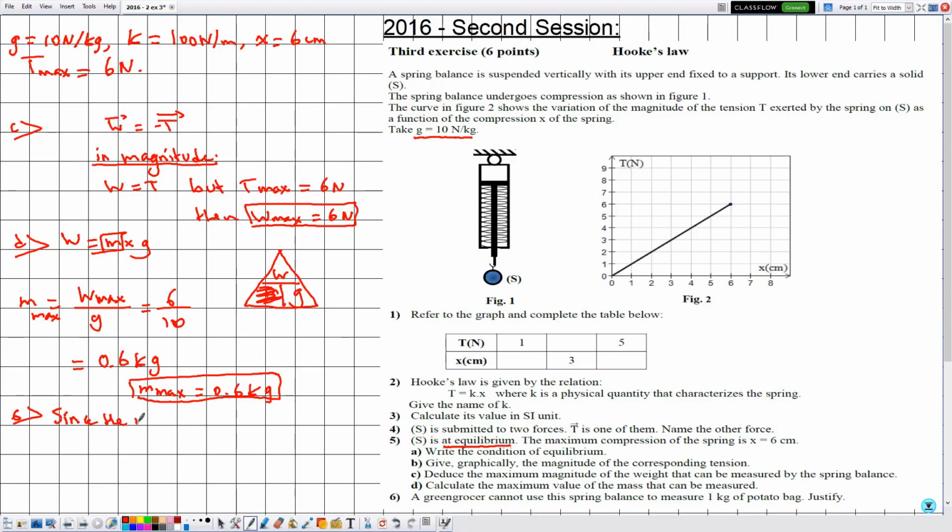Then let's say since the mass to be measured is greater than the maximum mass.